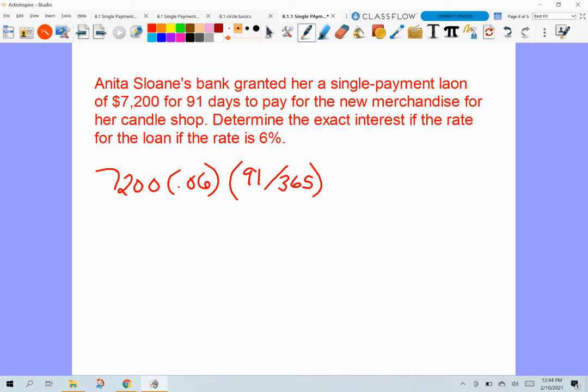So when I evaluate this, 7,200 times 0.06 times 91 divided by 365. Oh, I hit a wrong button there. That was way too much money. The interest that she's going to pay is $107.70. Okay, and that's it. You just calculate the interest, you're done.